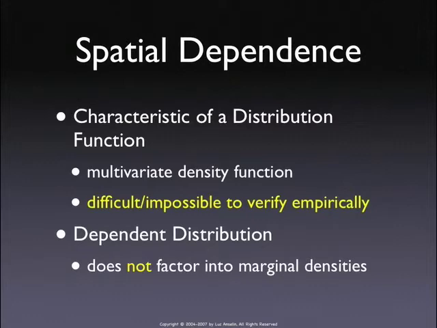That is the classic case of independence. We're not interested in independence. We're interested in the opposite, where that is not the case. So where the joint multivariate distribution of all the observations does not simply factor out in the individual marginal distributions.